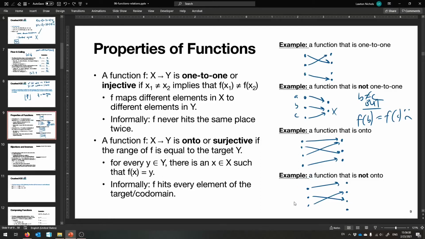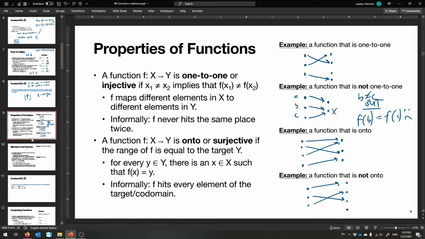Or if you doubled up, like if this one also went there, then you can also not have an onto function. There are many different ways of doing this, but hopefully you see the problem. Onto or non-onto functions tell you something about the size of the domain sometimes. Okay, so that is one-to-one, injective, and onto, surjective.